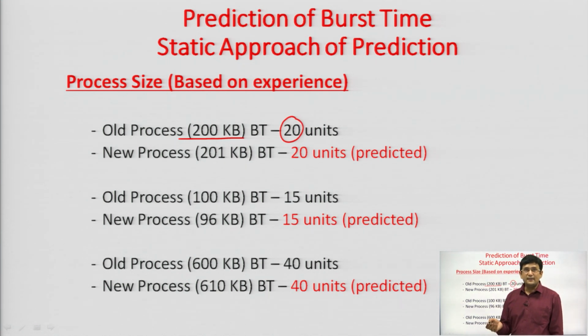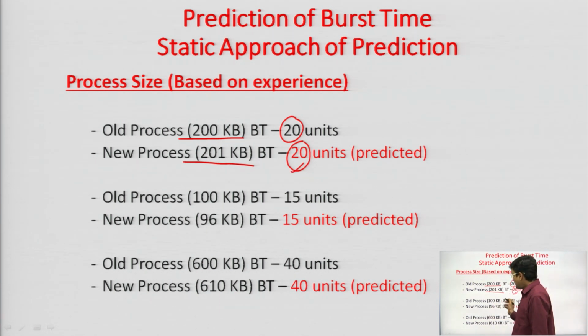Now, it is predicting that when in future a process of 201 KB comes, then the predicted burst time will be 20 units. So, it is near to the size of 200 KB. That is why it was predicted by the operating system that the burst time is 20 units.